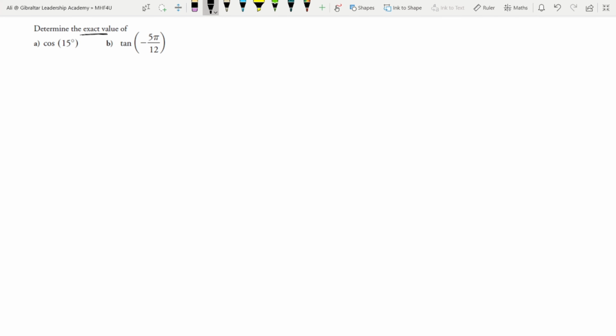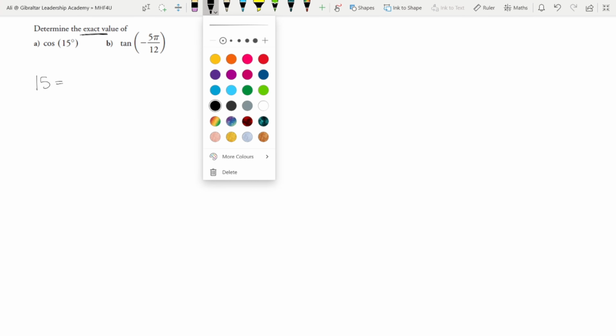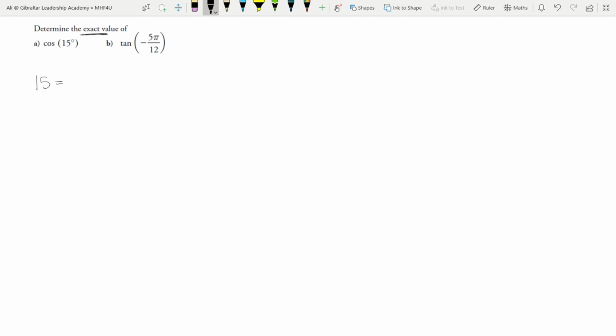Now, cosine of 15 degrees can be split into two other angles. What I want to do is use two angles that are special triangle angles. One triangle is 45, 45, 90, and the second triangle is 60, 30, 90. So I want to use either 45, 30, or 60 to get to 15.